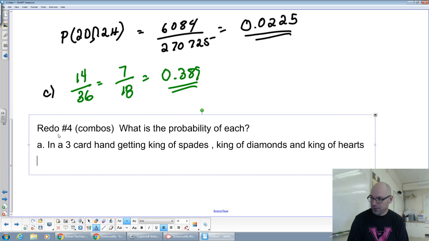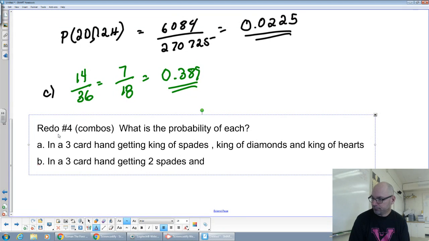Okay, B. In a 3 card hand, getting 2 spades and 1 club.